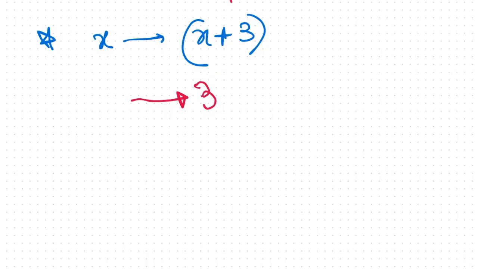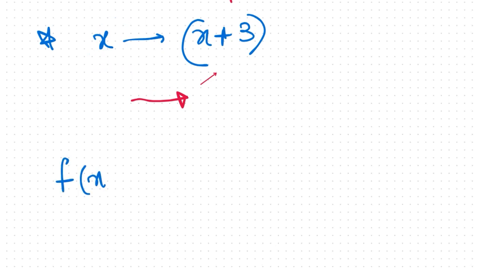Moves 3. 3? Wait, no, not 3. 9. See, why 9? Wait. We only care about how x is changing in the formula.